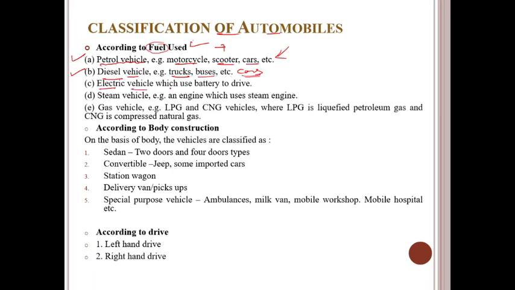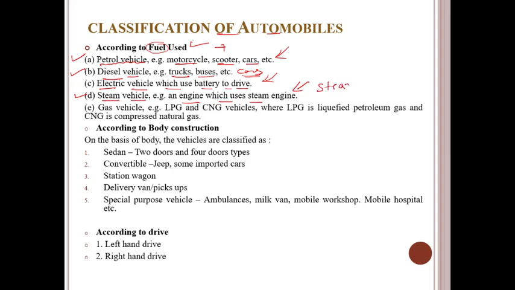Another is electric vehicle, which uses a battery to drive. Means we use electric vehicles to run using the battery. Another is steam vehicles. In a steam vehicle, we use a steam engine to run the engine and produce the power.